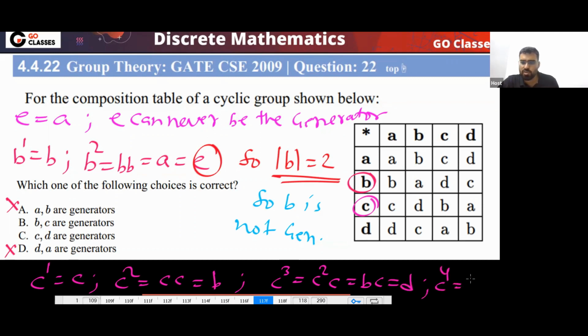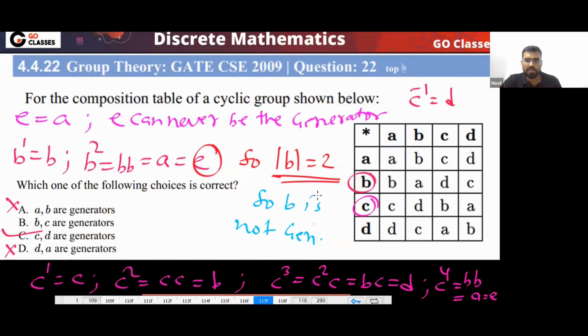That is c square times c square, so that is bb, and bb is a, the identity element. Yes, correct. So c is the generator, and d is also the generator, because c inverse is d. So I can say c and d are the generators.